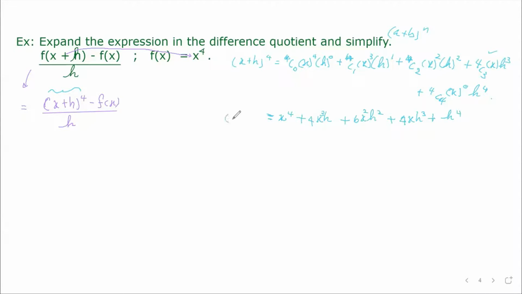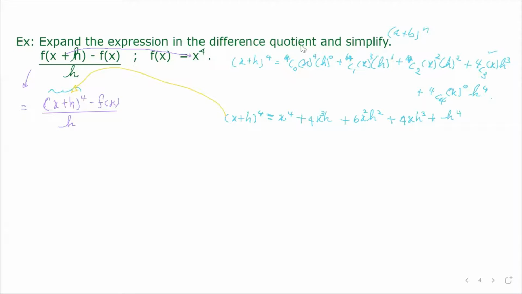Now we have x plus h power 4 equal to this one. Then you just replace all of this in here.